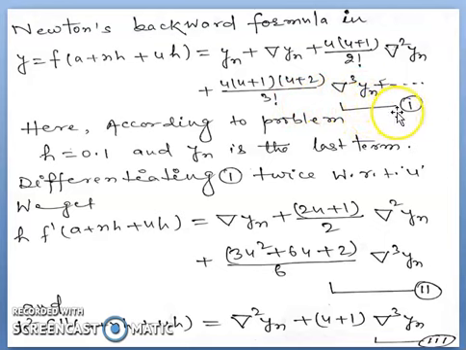This is equation number 1. Now here h equal to 0.1, and what is yn? Yn is the last term of y. So differentiate equation 1 with respect to u twice, and we get equation 2 and equation 3.